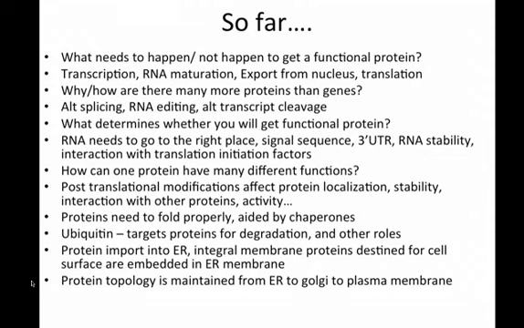Okay? So last time we spoke about protein folding and ubiquitin, and we started to talk about protein import into the ER. After you have a protein, so what? It needs to go somewhere to do what it needs to do.